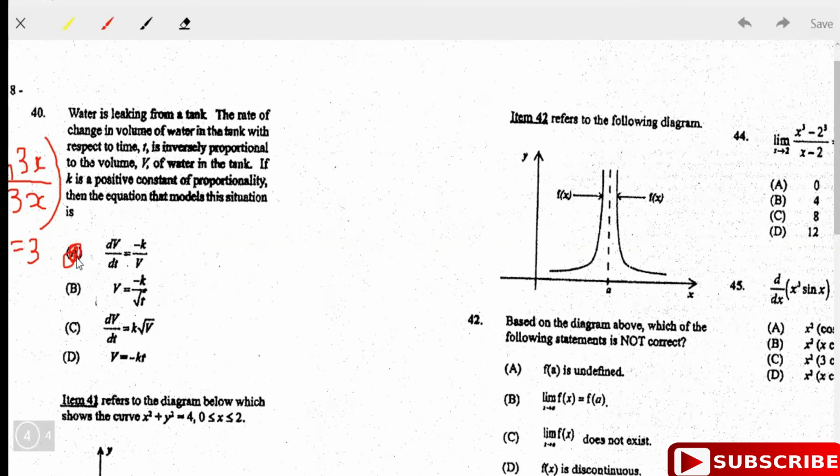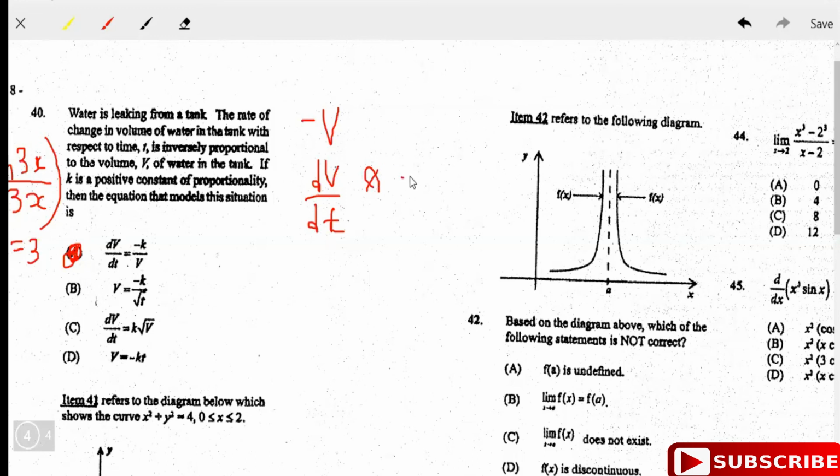Just to go through this question again, it says water is leaking from a tank, right? And so since they're talking as water is leaking, then the volume is decreasing. So we have minus V. And they say the rate of change in the volume of water in the tank with respect to time is inversely proportional to its volume. And so they're telling us that dV by dt is inversely proportional to this negative volume.